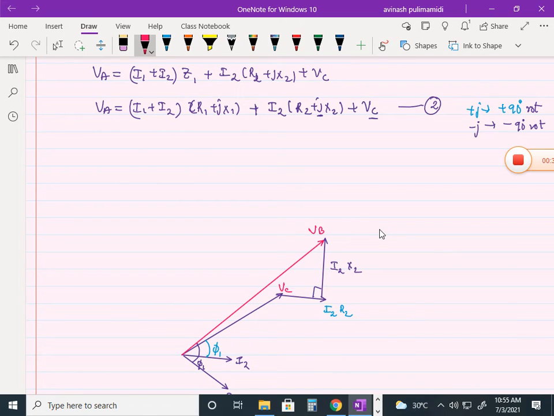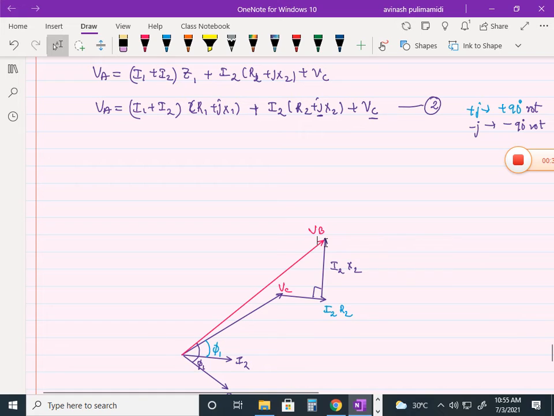Okay. Now what is VA? VA is a combination of all these three together. Now we will be writing the I1 and I2 combination. I1 and I2 will be first one into R1, I1 plus I2 into R1.